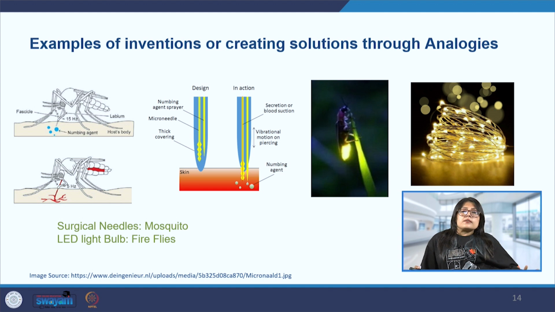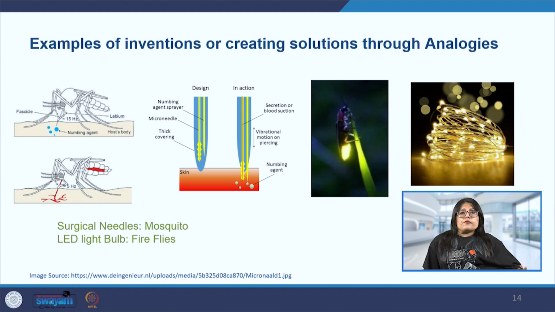So what it does while it is biting us is that it injects us with a tranquilizer-like thing, which is a numbing agent. This numbing agent ensures that we do not feel it while it is drilling into our skin. So we can see how this drilling motion has also been inspired by the mosquito.